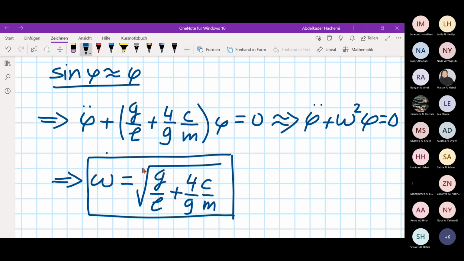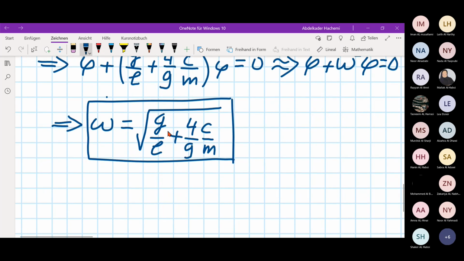That means here we have omega square, this is only this term here, and omega is only the square root of this term here.